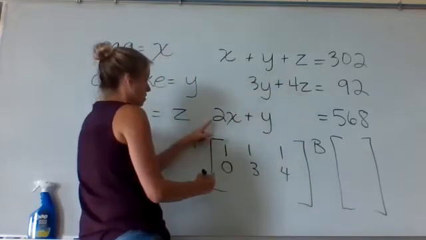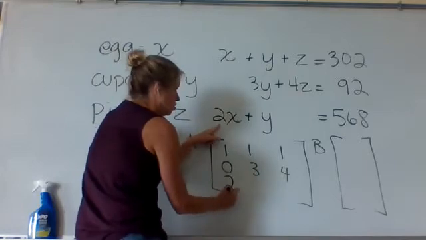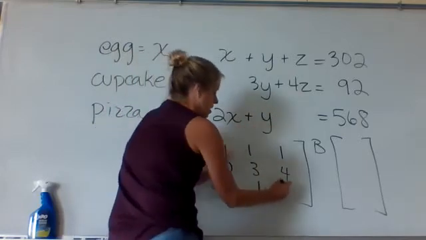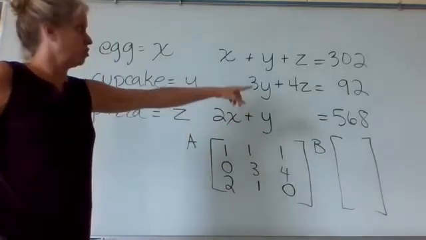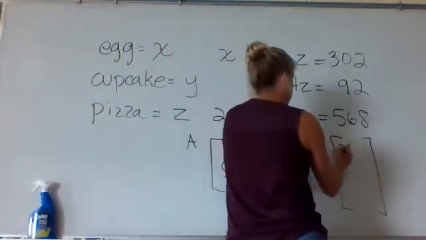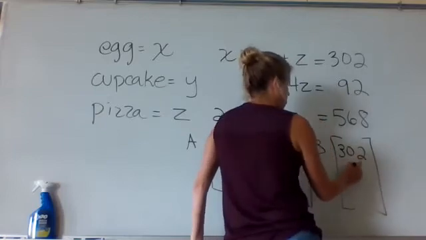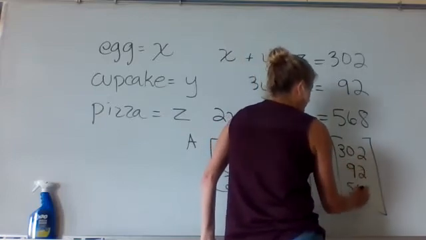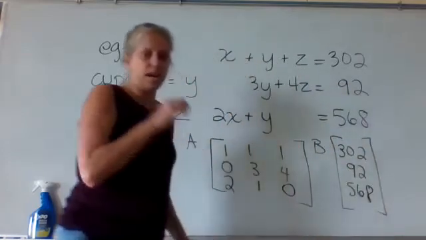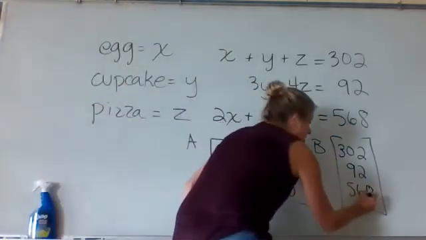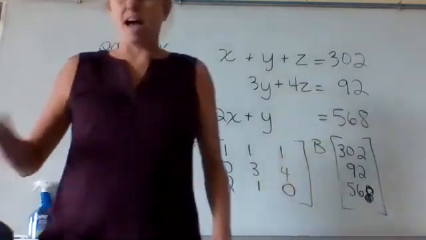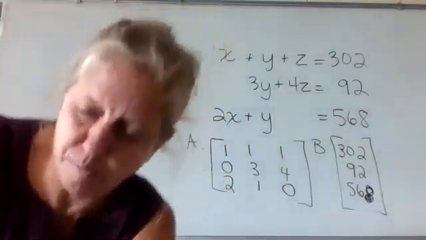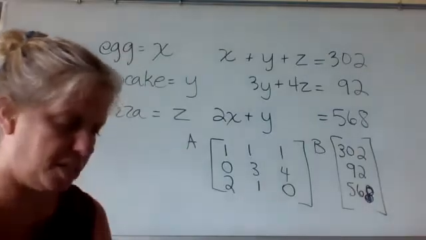My third row will be 2, 1, and then an empty 0. My answer matrix will be 302, 92, and 568. So let's see what each item's cholesterol would be from eating different combinations.